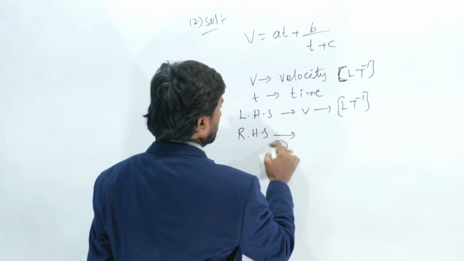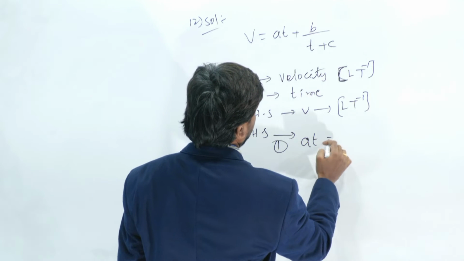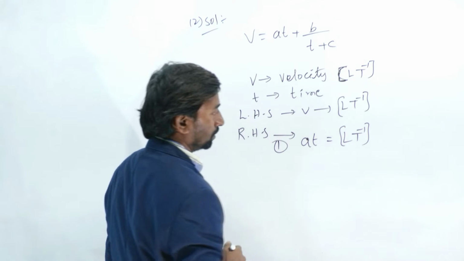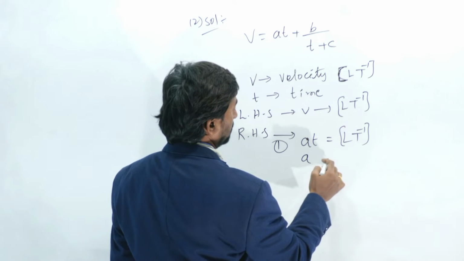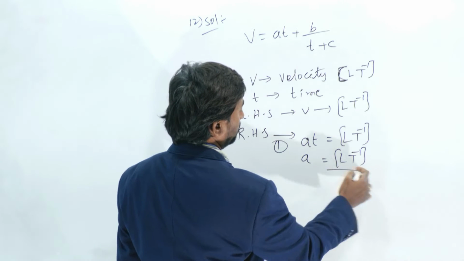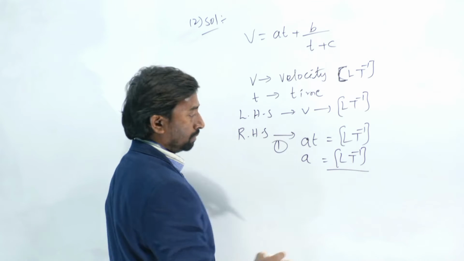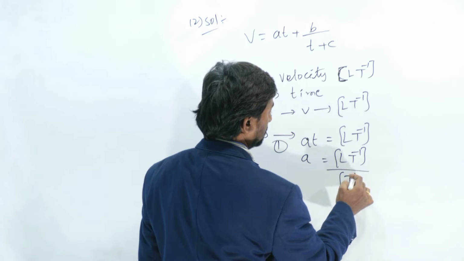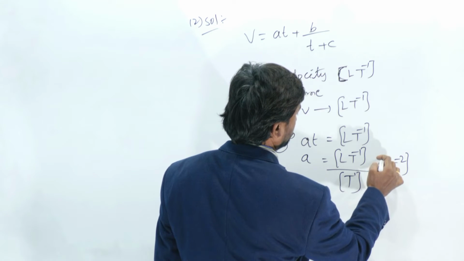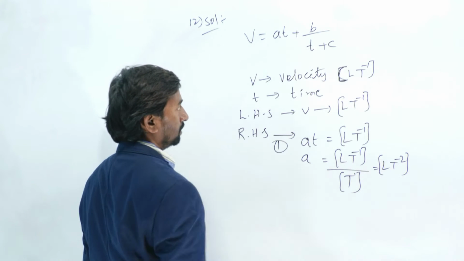The first term, at, should also have L T power minus 1. Then for a we get L T power minus 1 divided by T, and T is time, so T power 1. Therefore the dimensional formula of a is L T power minus 2.